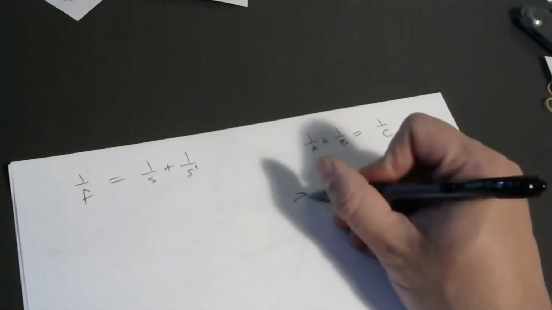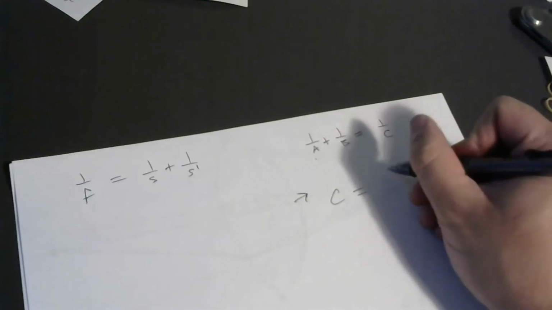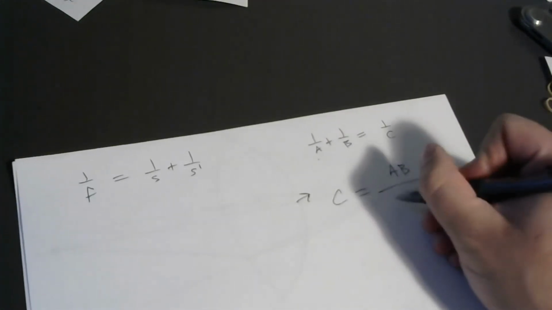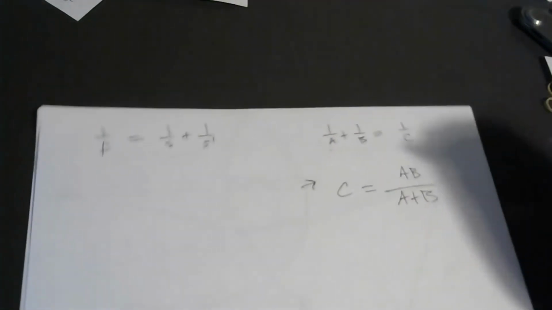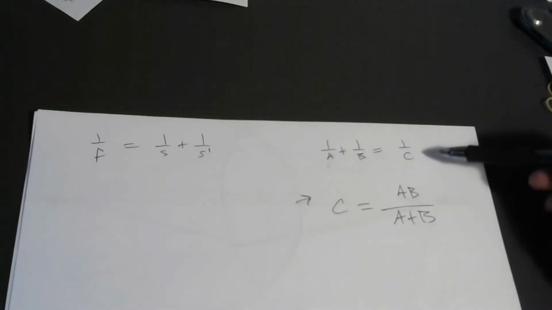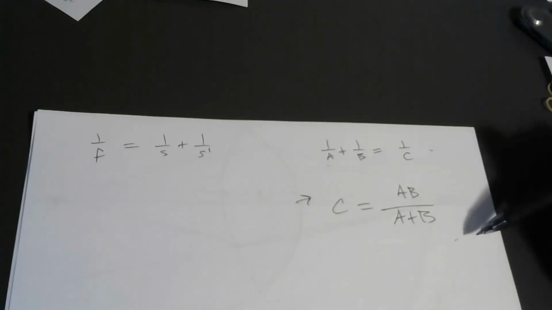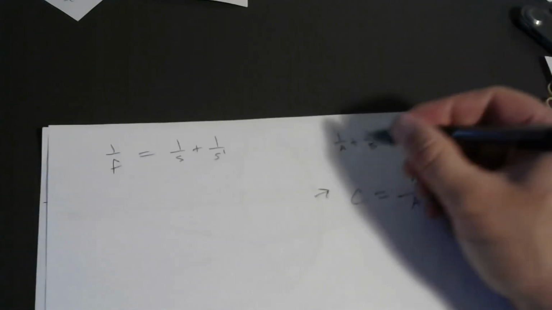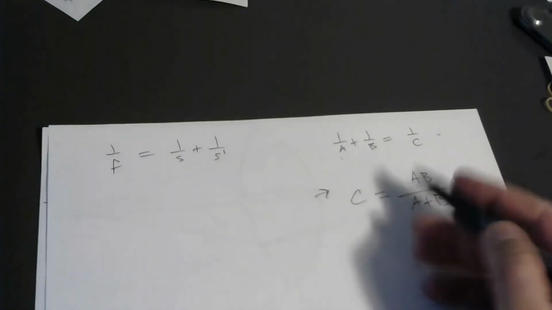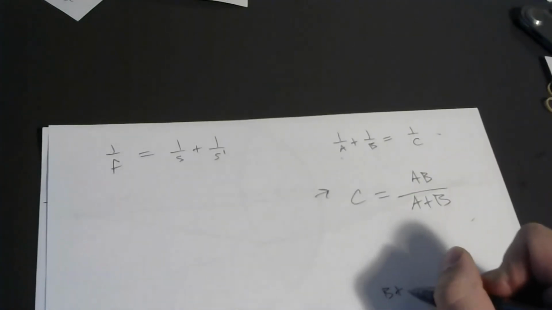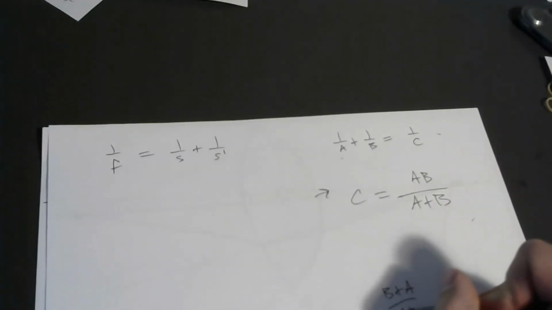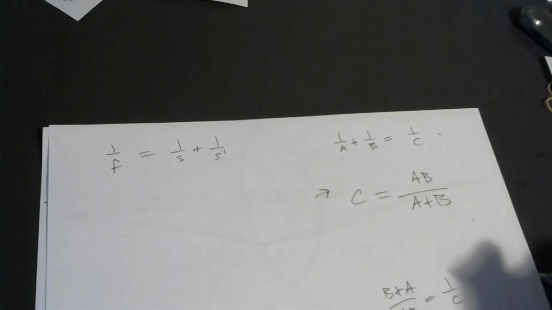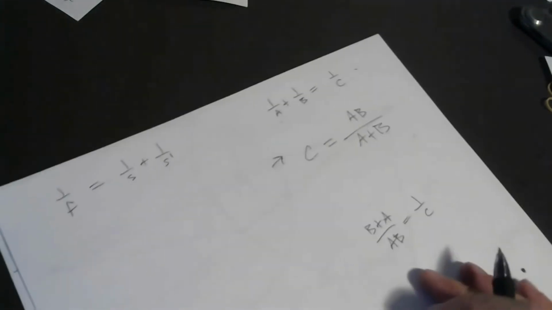This would mean that C is equal to the product of AB over the sum of A and B. You can check that algebra, but these are equivalent. Now I'm a little nervous about whether I've done this correctly. Let's see, if I add these with the common denominator, I'd have B plus A over AB equals 1 over C. Okay, good. Yeah, that works.